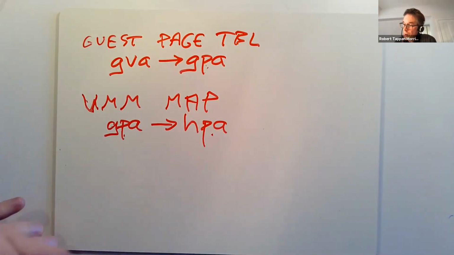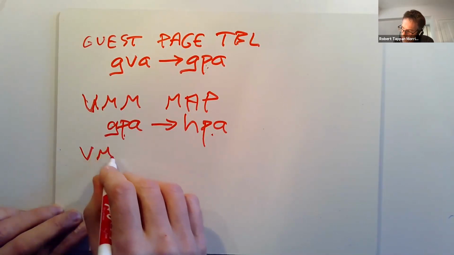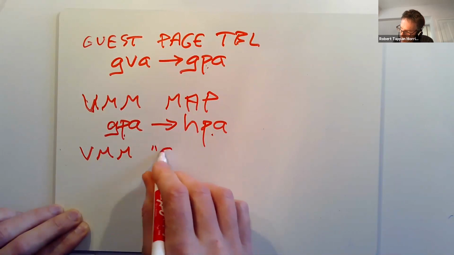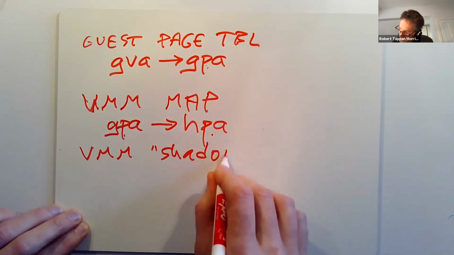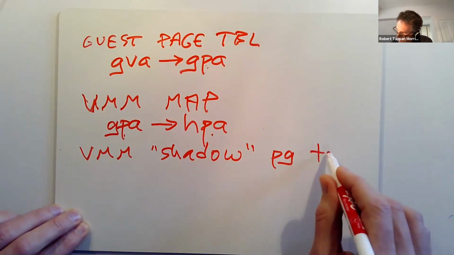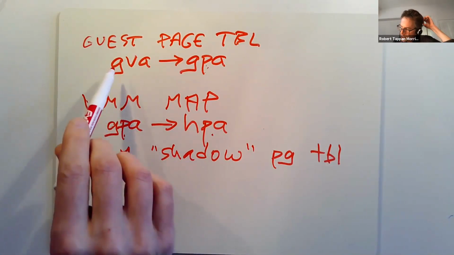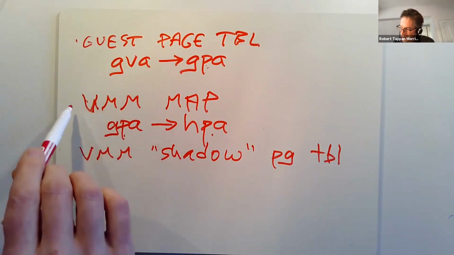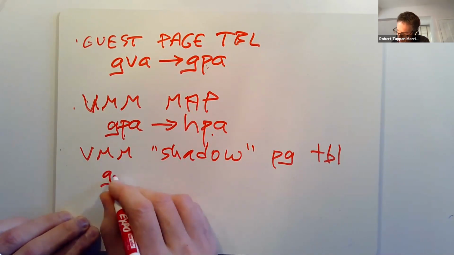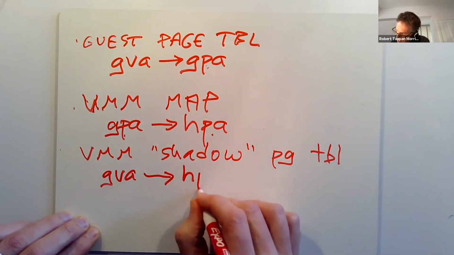And then when the guest writes a new page table to SATP, in the trap handler for that, the VMM creates what's called a shadow page table, which is what the VMM puts in the real SATP. And this shadow page table is constructed by the combination of these two page tables. And so it maps guest virtual addresses to host physical addresses.